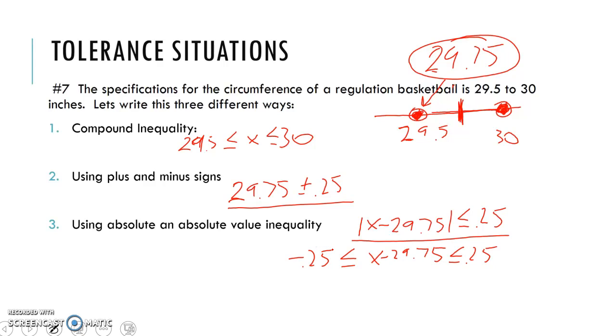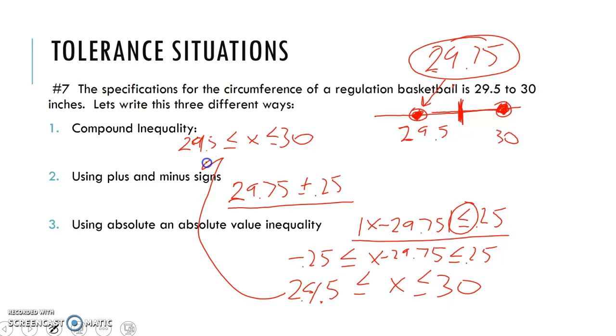The reason we wrote it this way is because it's a less than. And so we changed the sign and we made it negative. And now if I add 29.75 to all three sides, over here on the left, 29.75 and a negative 0.25, well, that's 29.5. And over on the right, if I add 29.75 plus 0.25, I'm at 30.